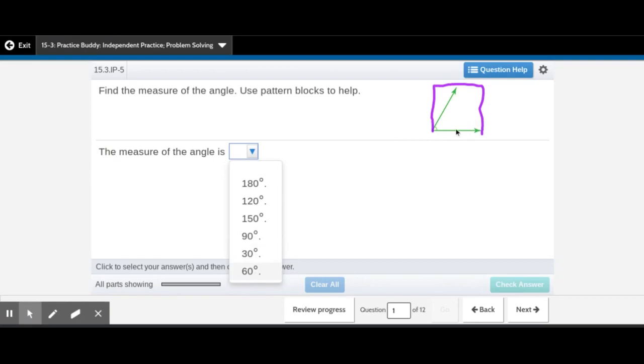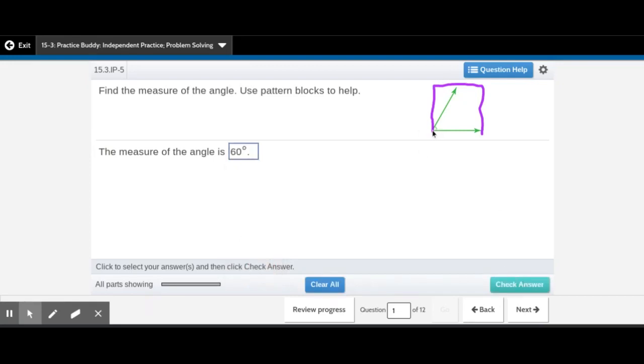If we're doing less than our 90-degree angle here, but it's not that far off from it, I would say it's either going to be the 60 or the 30. Think about it this way. Which number is closest to 90 degrees? The 60 or the 30? The 60 is. So with that being said, I would choose 60 for this angle.